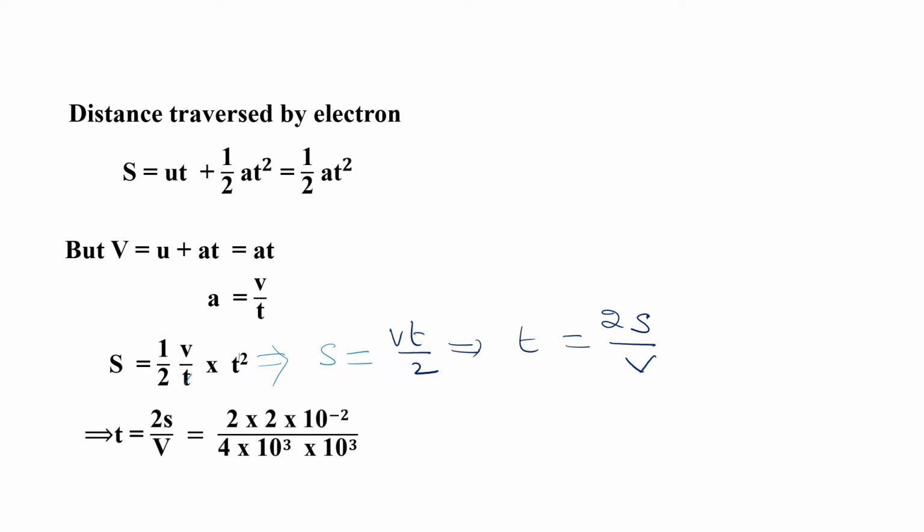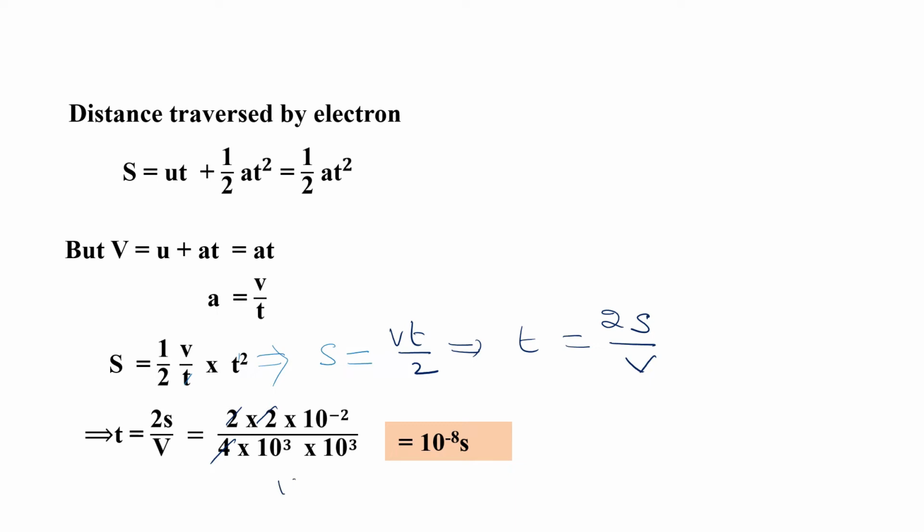Now substituting, 2 into 10 to the power of minus 2 by v, nothing but 4 into 10 cube into 10 cube, converting kilometers to meters. Now this 2, 2 twos 4, 4 gets cancelled. Here 10 cube into 10 cube is nothing but 10 to the power of 6.